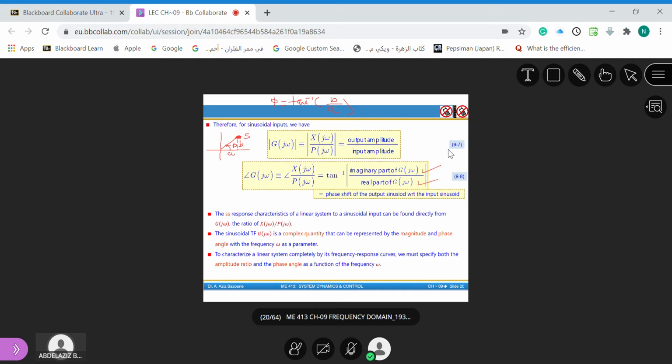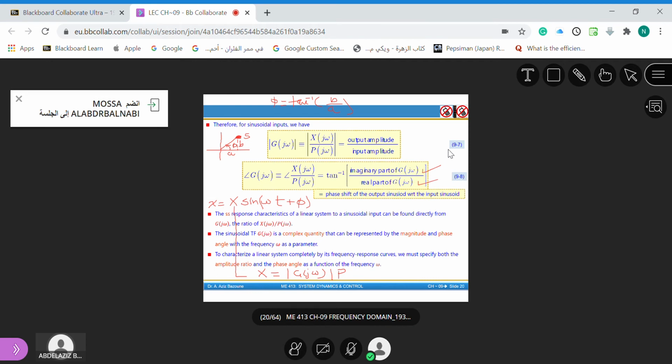So the steady state response we are looking for will be of this form. The steady state will be capital X sine(ωt plus phi), where this X, the amplitude of the output, will be the magnitude of G(jω) multiplied by the amplitude of the input, P or A, whatever it is.